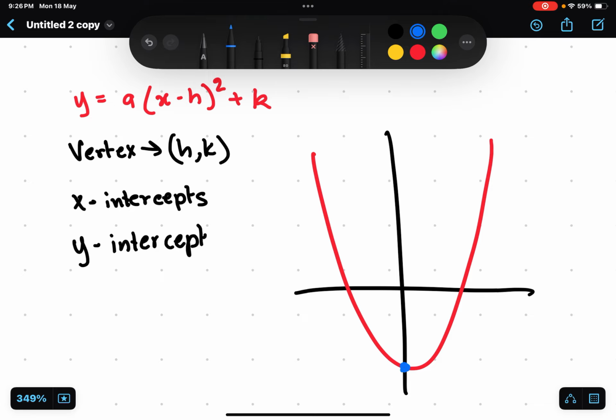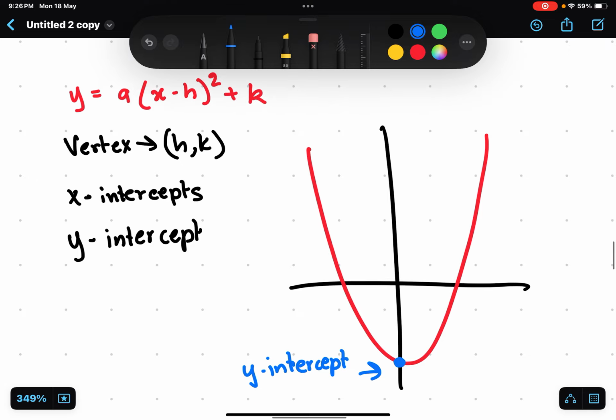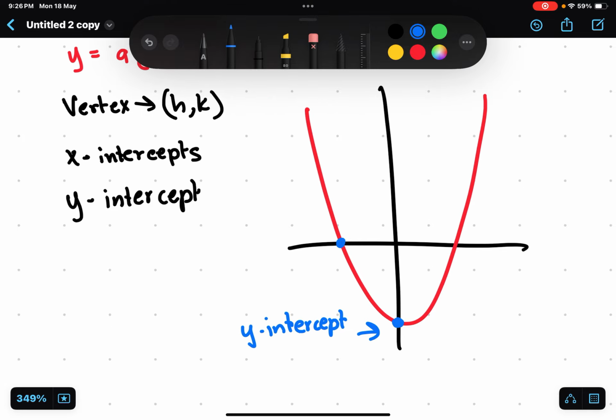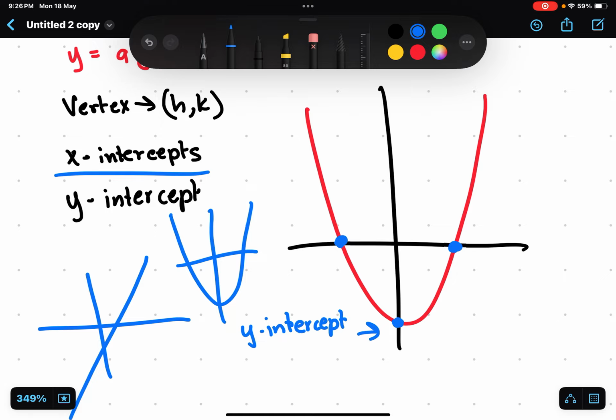So over here, this is where the graph crosses the y-axis, and that is our y-intercept. And using these 3 points, you would have 2 x-intercepts, obviously, because it's a parabola, not a line. It crosses 2 times, so that's why.